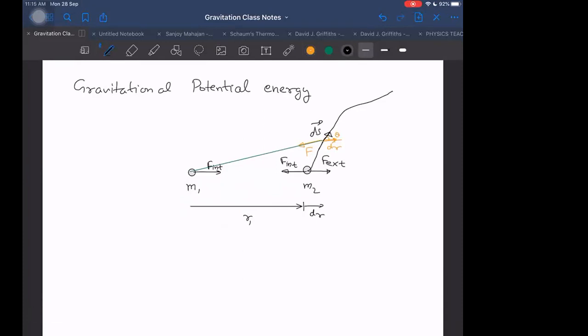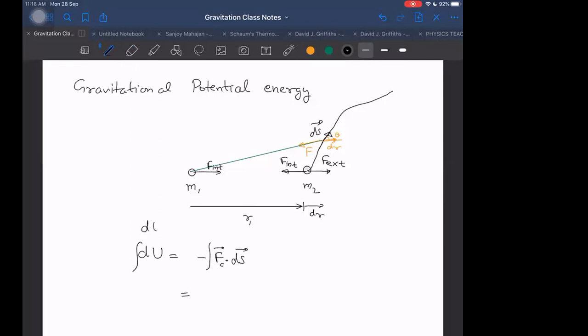So for us, we know the formula for potential energy: change in potential energy will always be equal to negative of work done by internal conservative force, or let me write this the way we write normally, conservative force FC dot ds, dot product.